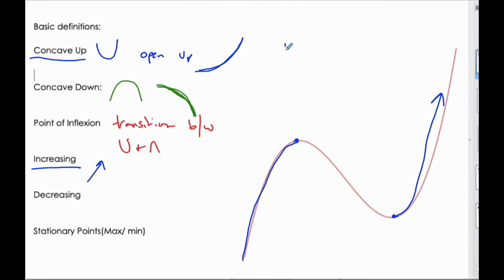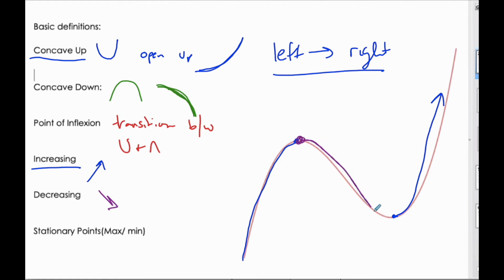Always read a graph from left to right, as we read a page on paper. So here is increasing, increasing. If I want decreasing, when is the graph going downwards? Well, it goes from here to here, it is decreasing.